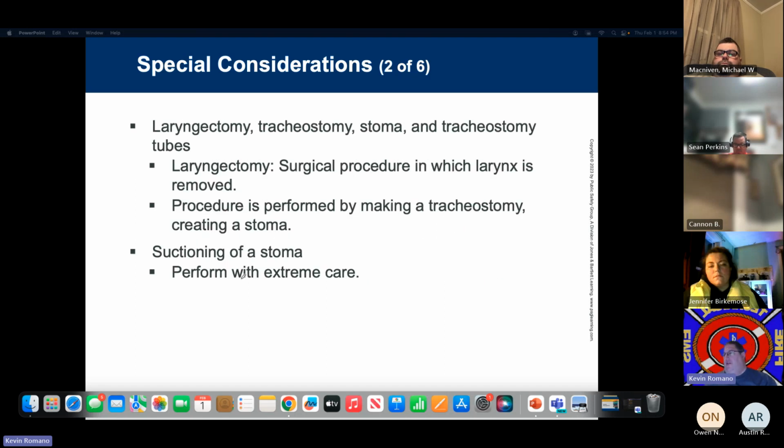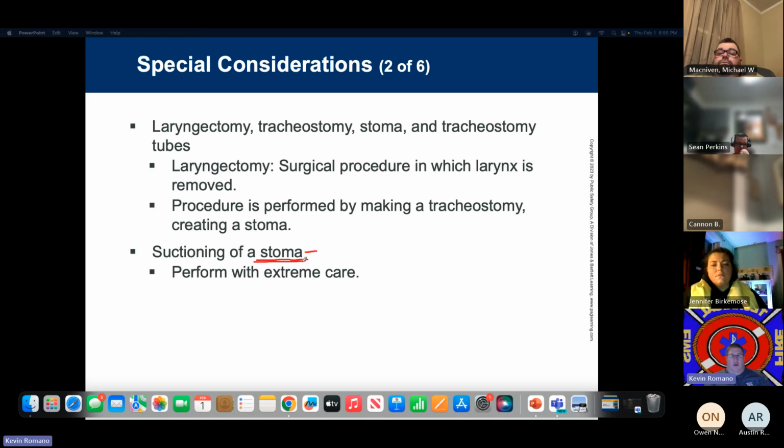Laryngectomy, tracheostomy, stoma, tracheostomy tubes. Right, these are all surgical procedures in which the larynx is removed, or a procedure performed by making a tracheostomy, creating a stoma. Very special consideration. Suctioning with a stoma is performed with extreme care. And I will tell you this, with stoma suctioning, if they are coughing up mucus, it flies across the ambulance.